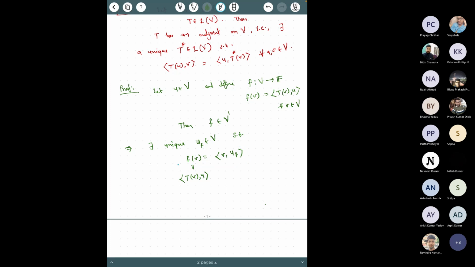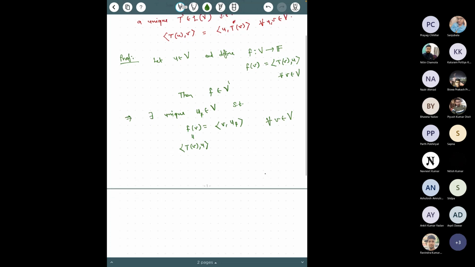So this is what we have so far, and this is true. You can do it for every vector u. So now can you get some idea how to define this T star?